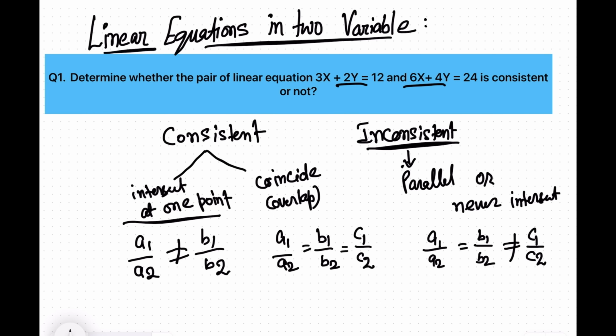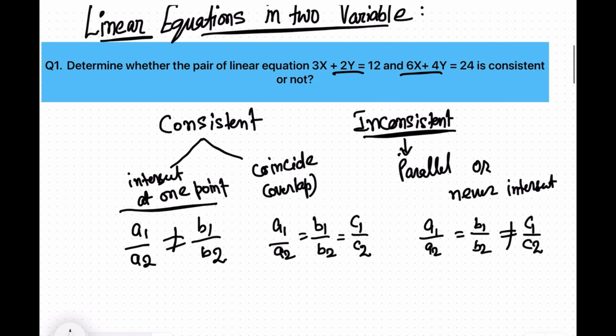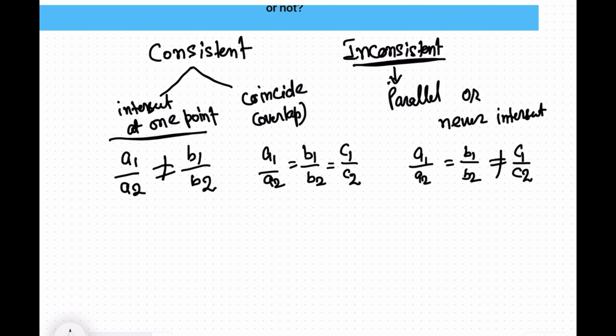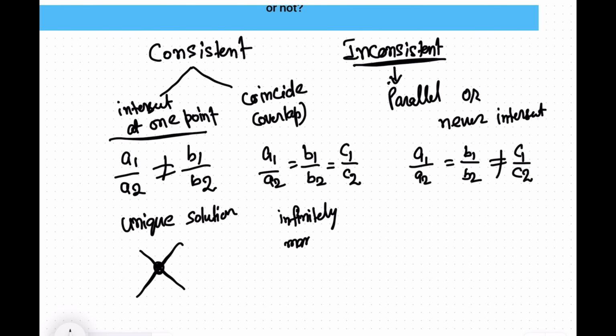Correct. Now, if we talk about this again, the intersect at one point, we can say the nature of solution can be the unique solution when two lines intersect at one point. Second case, the nature of solution we can say as infinitely many solutions.